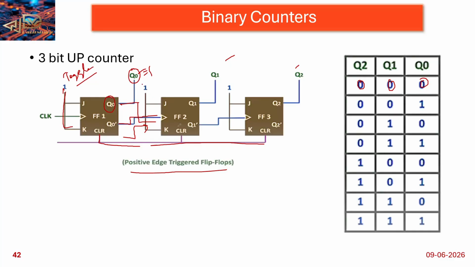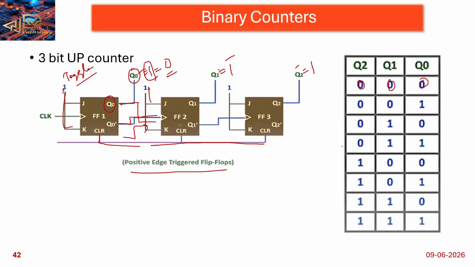And again, Q naught is toggled, and then this will be 1, and Q1 is also toggled, so 1 I am getting here. Then Q naught is 0, because previously the output was toggled to 1, and in the next clock cycle it is toggled again. Okay, 0, and then in the third clock cycle Q2 will be toggled.